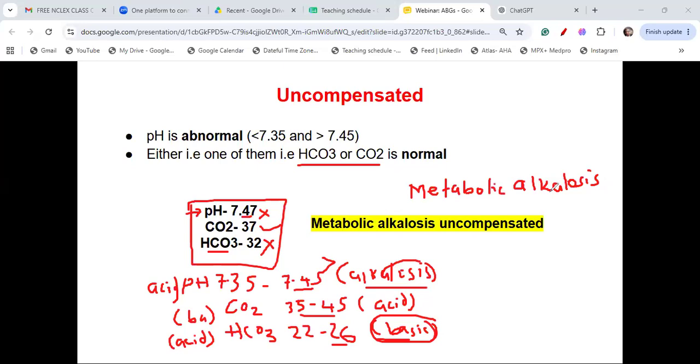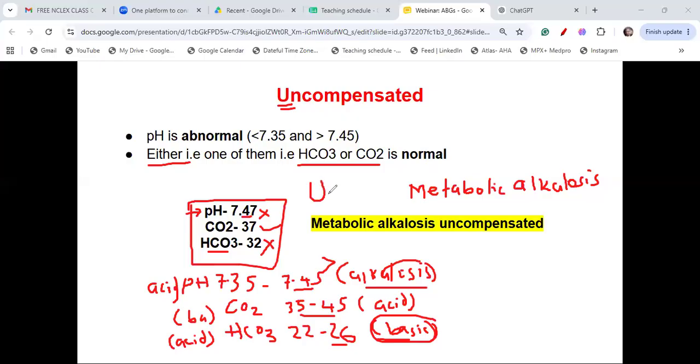Metabolic alkalosis. But now we want to introduce the compensation aspect of it. And I've said when you want to write about uncompensated is when your pH is abnormal, and you can see that is true. Either means one of them is normal. In this case, our CO2 is the one that is normal.